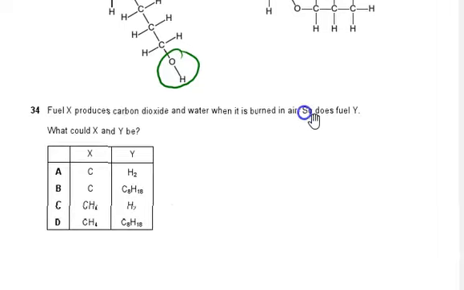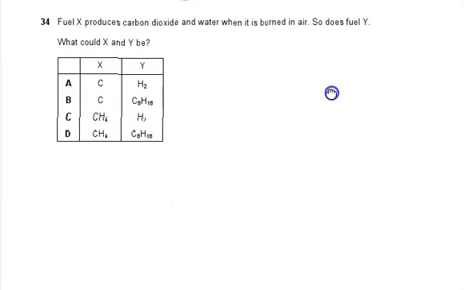Okay, now 34. Fuel X produces carbon dioxide and water when it is burned in air. So does fuel Y. What could be X and Y? It should be, fuel should be either alkane or alkene.